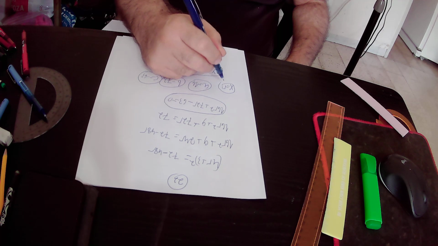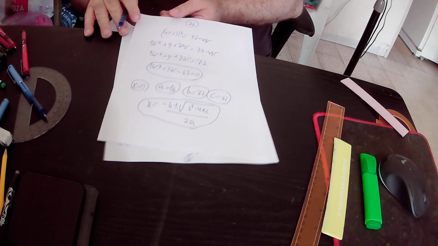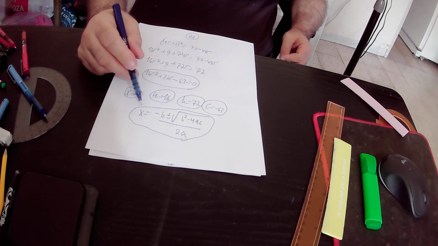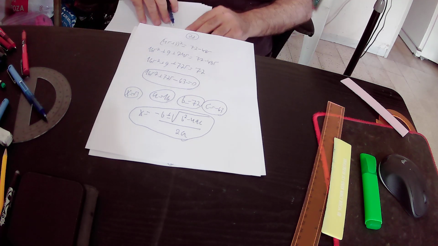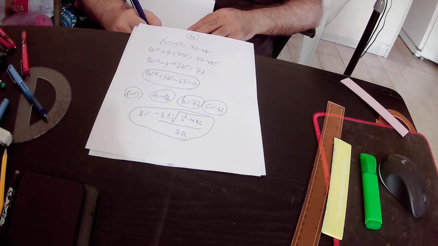Okay, so the only thing that is left to do is to put the data inside this formula, and we'll find out the value of r. So here x equals r, so we substitute x by r equals minus b, b equals 72, so minus b is minus 72.